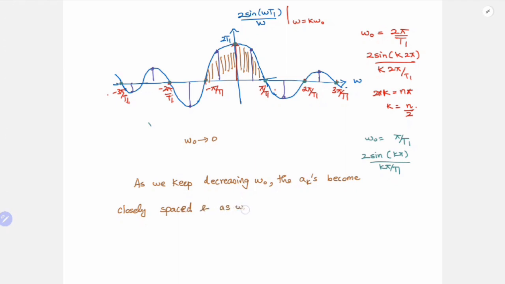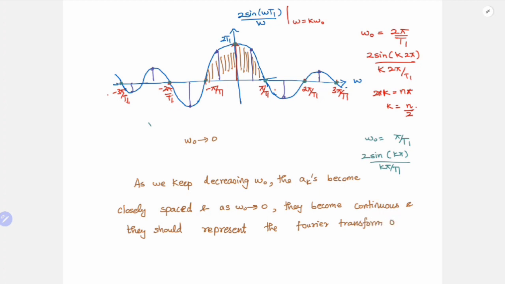And as omega naught tends to 0, they become continuous. They are varying continuously, as you can see. Continuous, and they should represent the Fourier transform of the aperiodic signal.